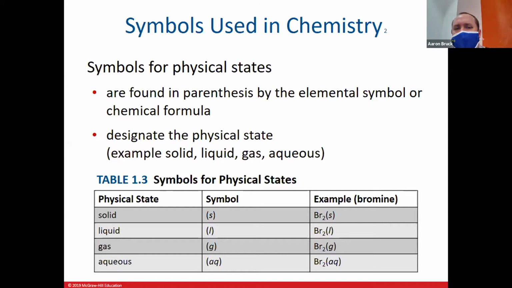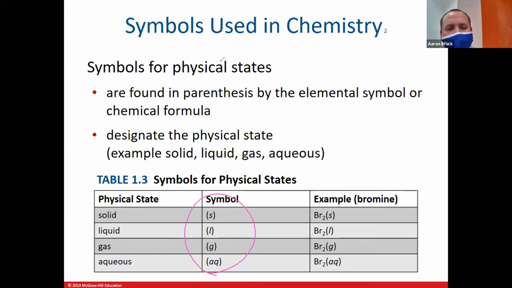Something that we may not be familiar with is symbology regarding physical properties. So for example, in a chemical formula, these 4 symbols, S, L, G, and AQ, represent the 4 different possibilities for a given substance to exist in.